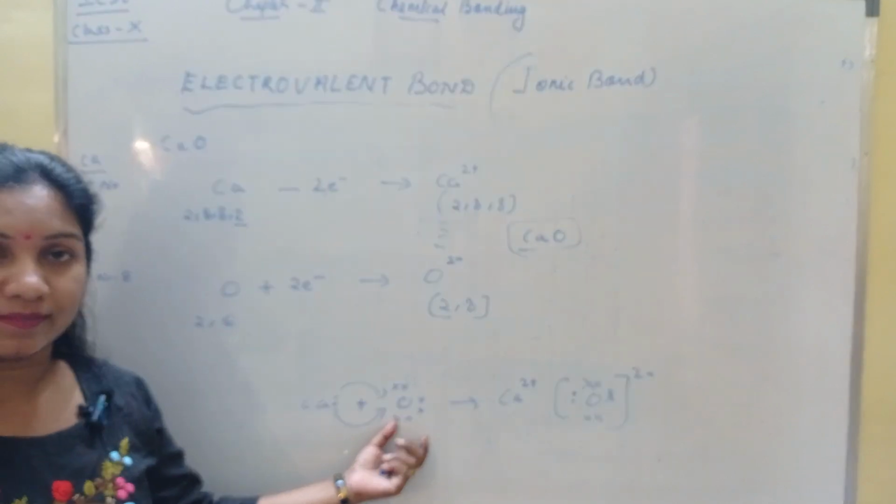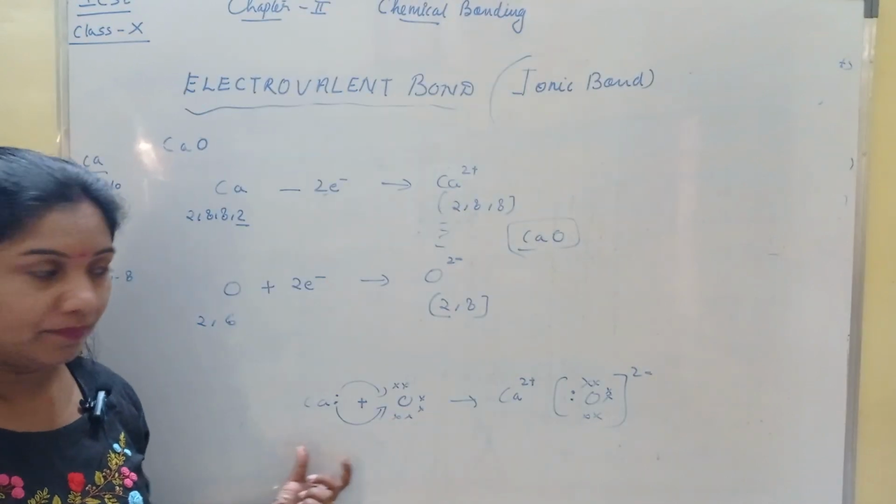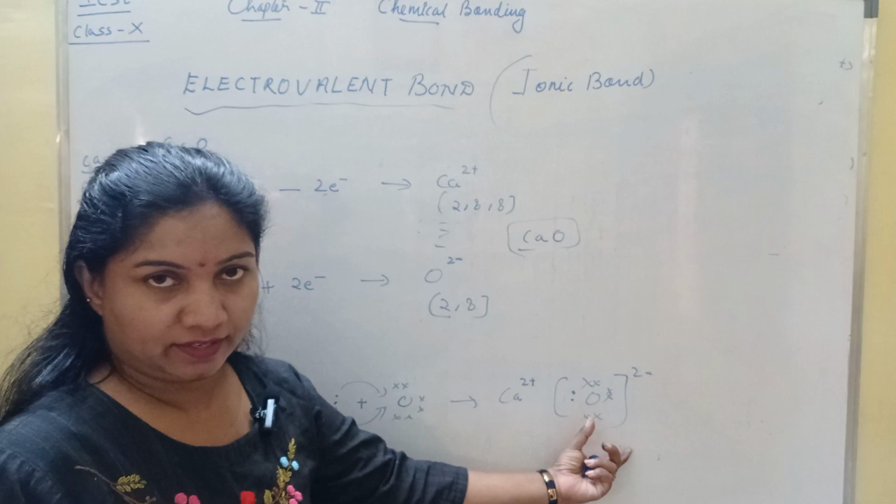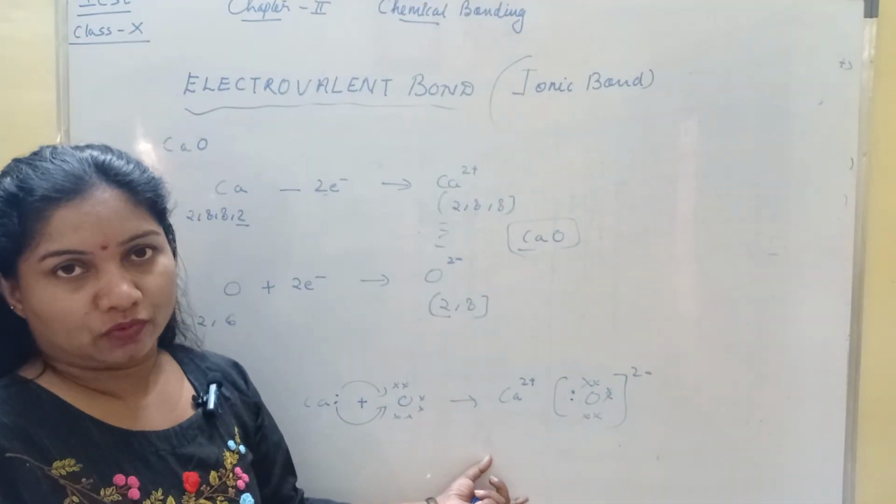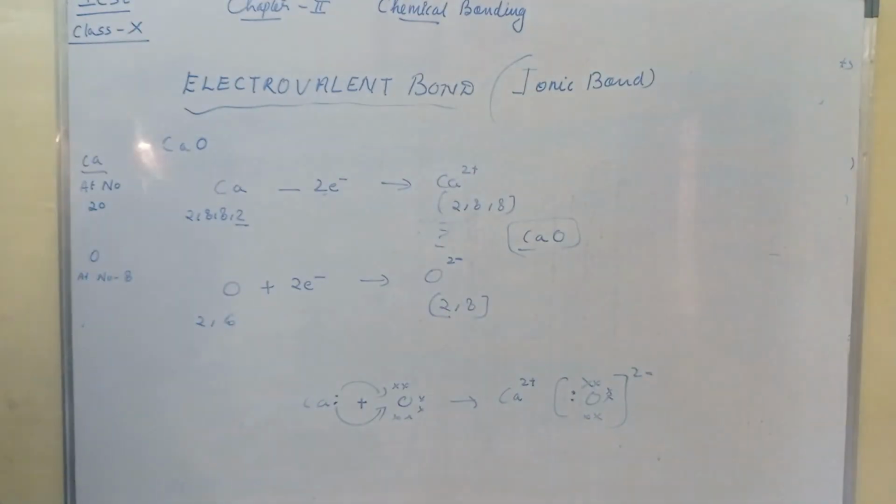That means oxygen is accepting the extra 2 electrons given by the calcium, and it has formed calcium oxide, which is a stable compound now. Okay, this much is clear.